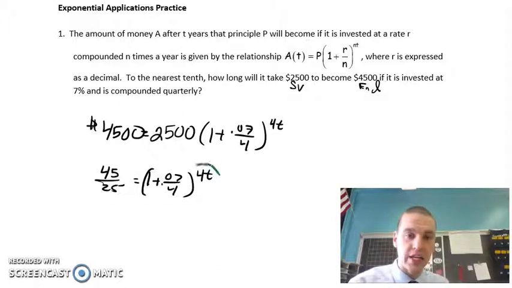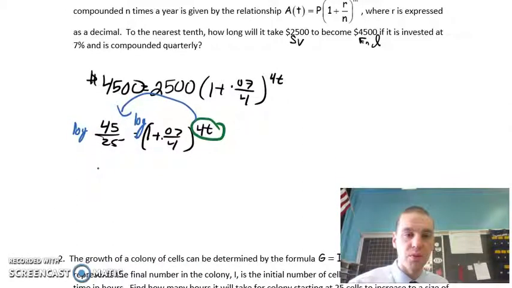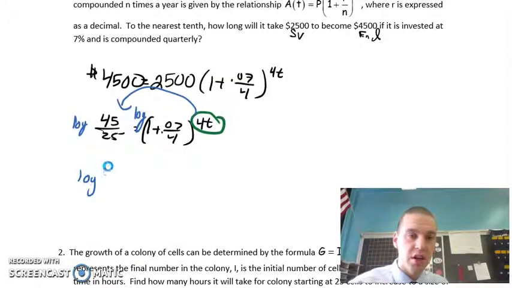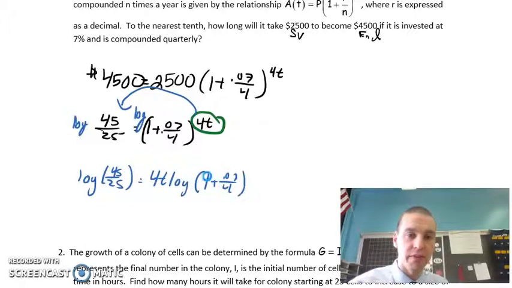We know that t is what we're looking for, and so therefore we need to use logs. So we're going to take the logarithm of each side. And we know that with logs, the exponent can come out in front. And so what we've got here is log of 45 over 25 equals 4t log of 1 plus 0.07 divided by 4.